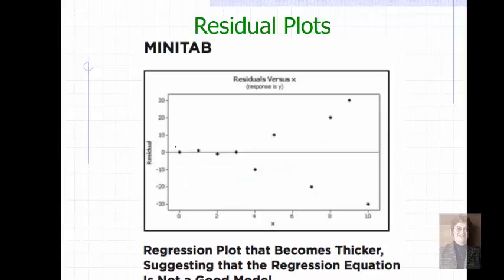And here, in this part of our distribution, it's probably pretty good. But notice how it gets wider as we move to the right. So that means as our x gets bigger, our model is more weak. So this is, again, not a good linear model.